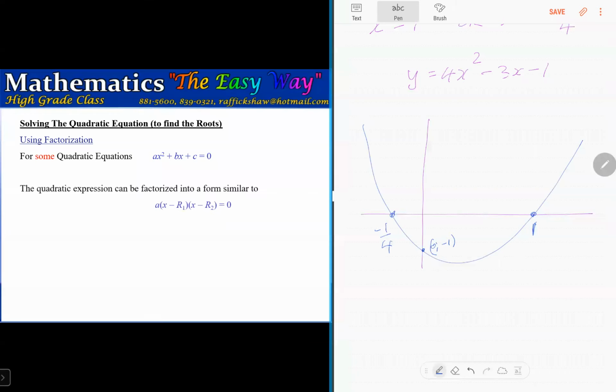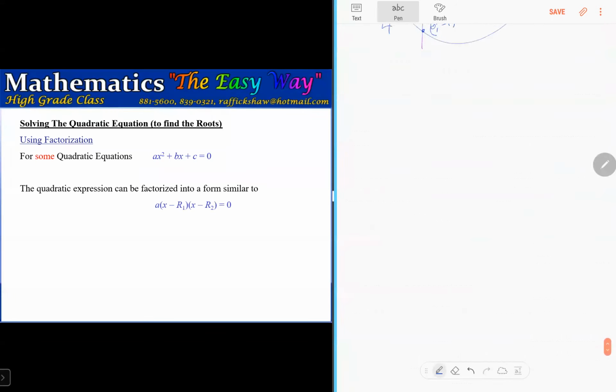So the expression can be written in the factorized form, which is a times (x minus r1) times (x minus r2) equals 0. Now, r1 and r2 will be your 2 roots. So when you factorize it, you're able to identify the 2 roots.